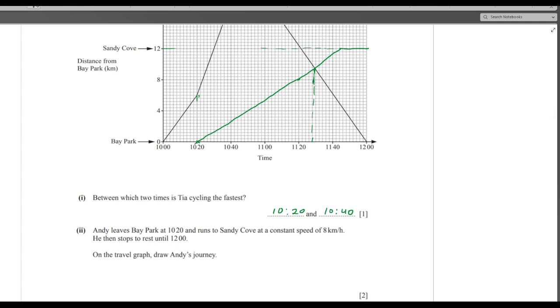And the distance here, if we see distance, so we draw this horizontal line. This will give you distance. So your distance here is now from 8 to 12. We have 10 divisions.